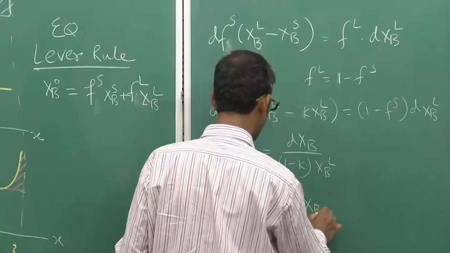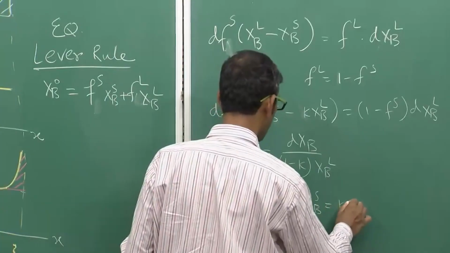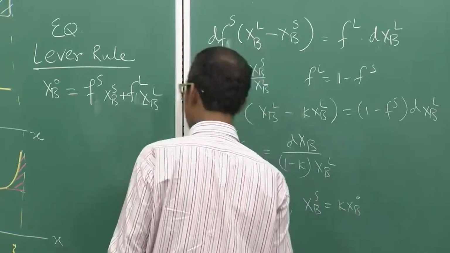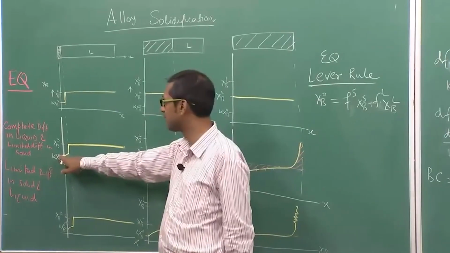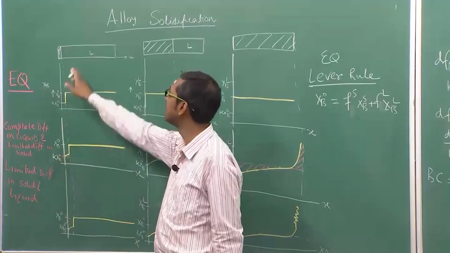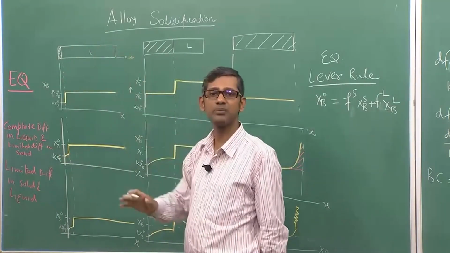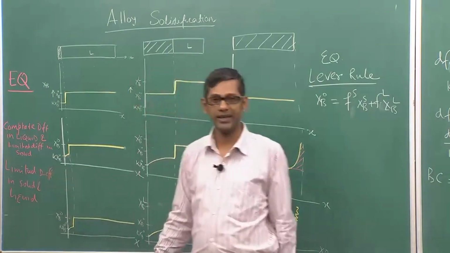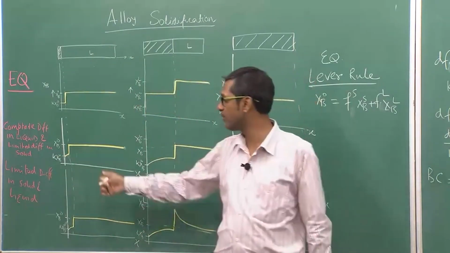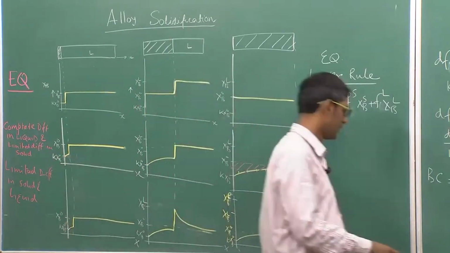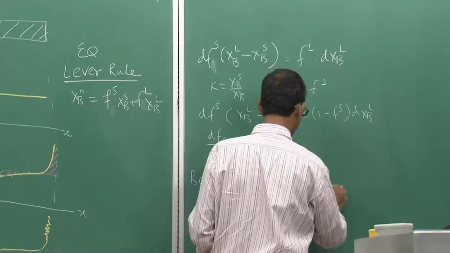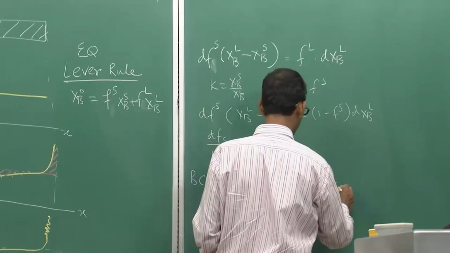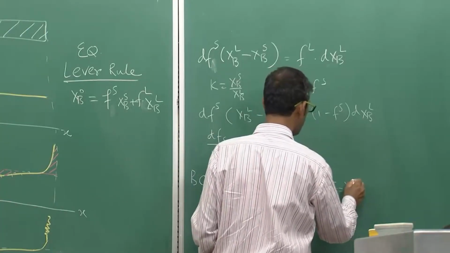Remember, XBS is equal to K XB0. When solidification starts, at the beginning, the solid fraction is very small, so it is equal to 0. The composition of the first solid which forms will be K XB0, and XBL is equal to XB0.